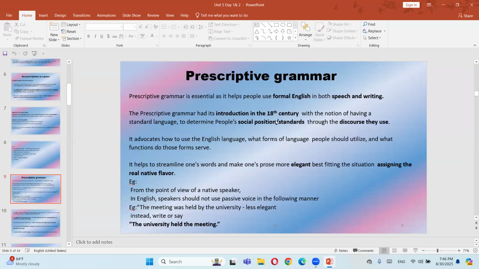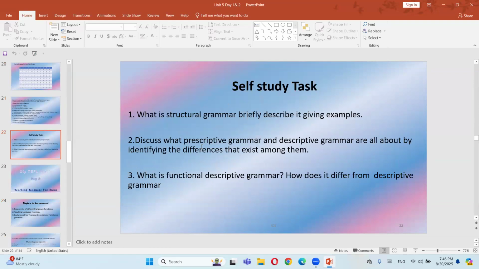First question. Discuss what prescriptive and descriptive grammar are all about by identifying the difference. If you understand these 2 properly, you will be able to highlight the differences.